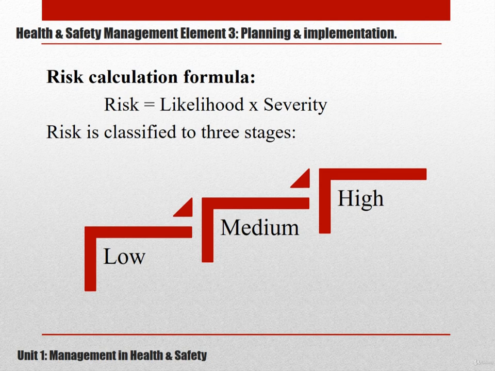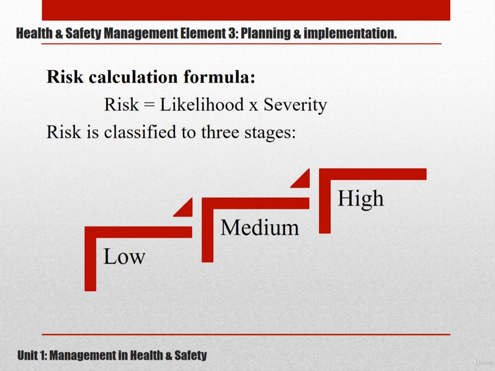Remember that risk is the combination of the likelihood that a hazard will cause harm and the expected severity of the injury. And risk can be described using three words: high, medium, and low. But the problem with these words is that they mean different things to different people, so they are not used consistently.